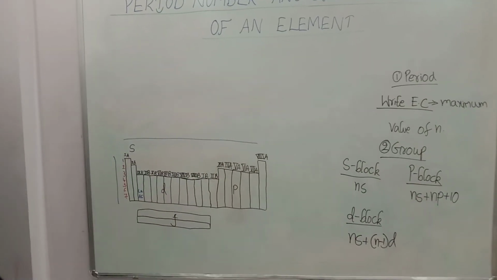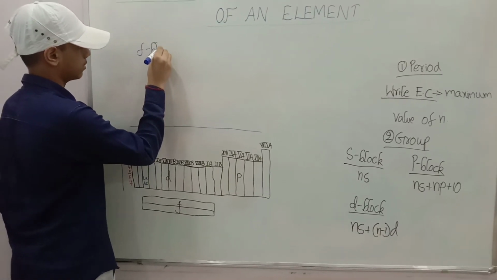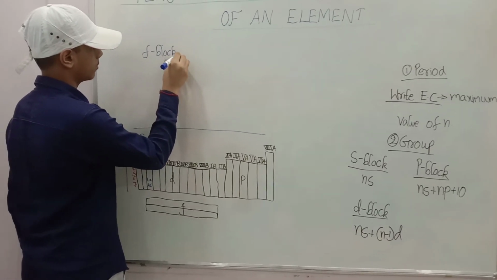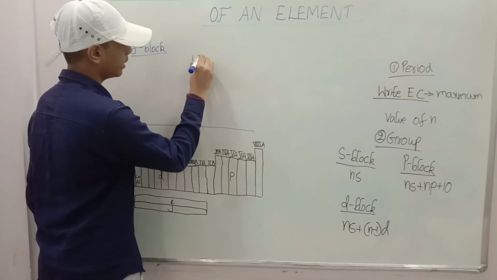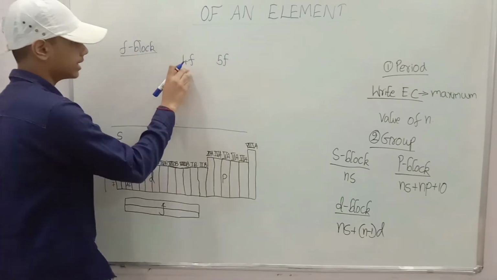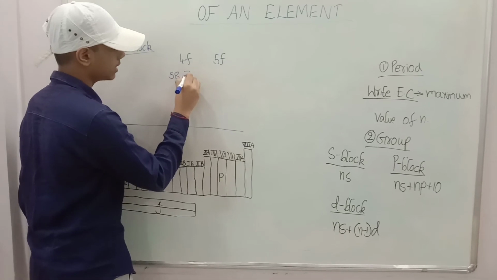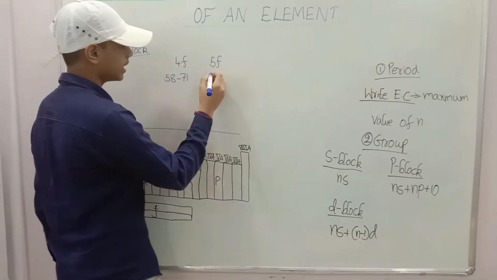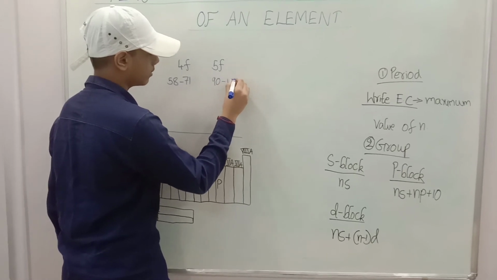Now let's learn the trick for f block elements. In f block we have 2 series. One is 4f and the other one is 5f. 4f goes from atomic number 58 to 71. 5f goes from atomic number 90 to 103.